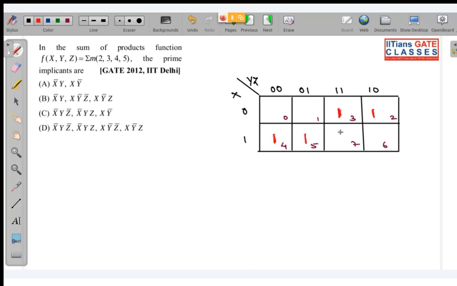So they are asking what the prime implicants are over here. Prime implicants are basically all those groupings which we form irrespective of the requirement. Okay, irrespective of the requirement.